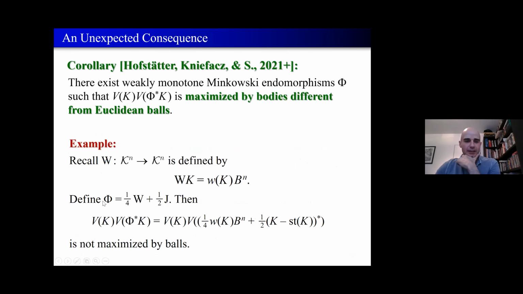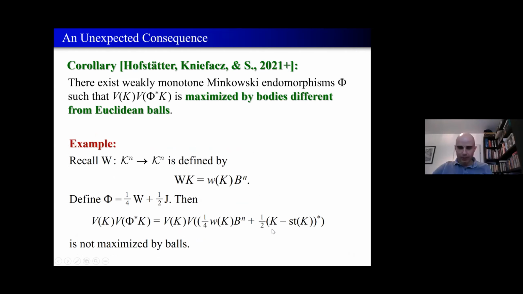So let's take, for the sigma, the W map, which is this very easy map, mapping everything to the ball with radius mean width. And we choose a lambda suitably. So you have many choices here. I chose lambda to be 1/2 here, which is fine. Then the volume product becomes this thing here.